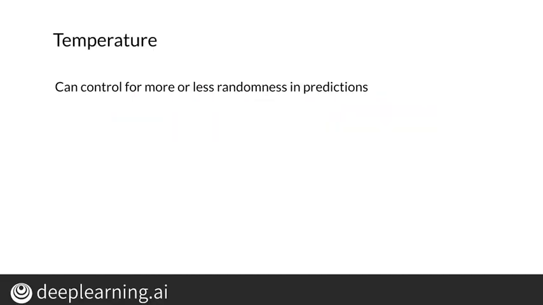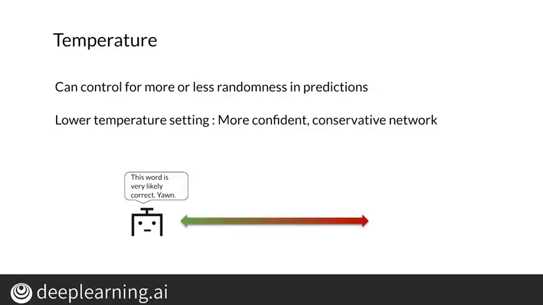In sampling, temperature is a parameter you can adjust to allow for more or less randomness in your predictions. It's measured on a scale of 0 to 1, indicating low to high randomness. Let's say you need your model to make careful, safe decisions about what to output.